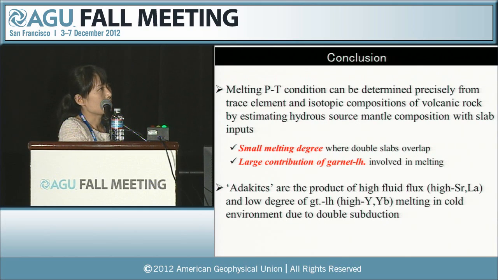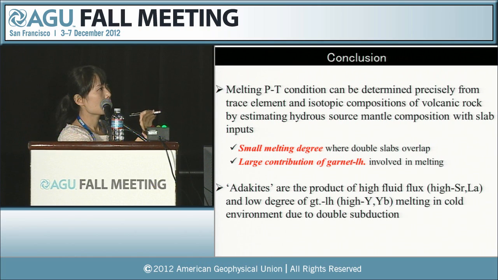This is the summary, and the main conclusion is that melting temperature and depth conditions can be determined precisely from trace element and isotopic composition of volcanic rock by estimating hydrous source mantle composition with slab inputs.